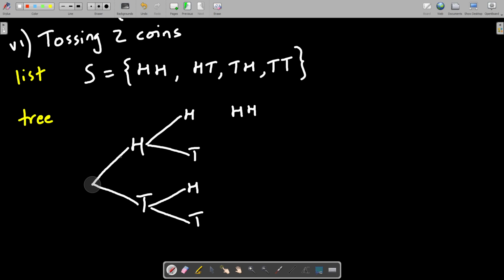You tossed a coin first, you got a head, then you tossed it again and you got a tail. So that gives you this outcome. Or you tossed a coin, you got a tail first, tossed it again, you got a head, and you tossed it again here and you got a tail.